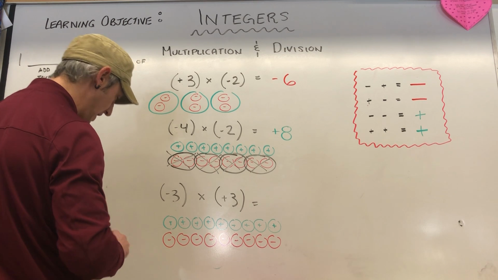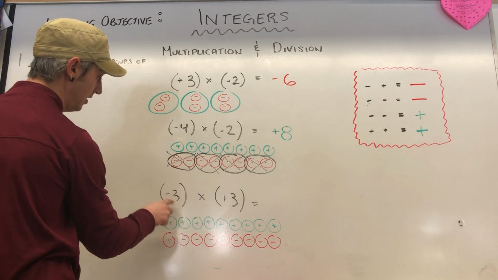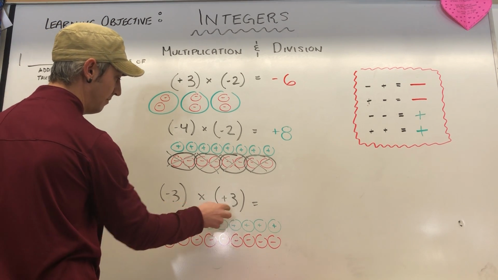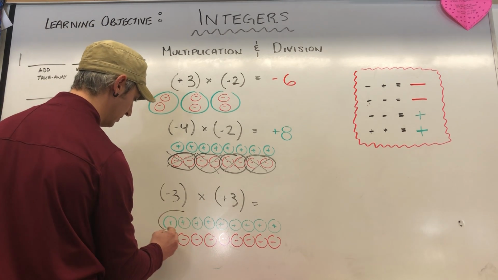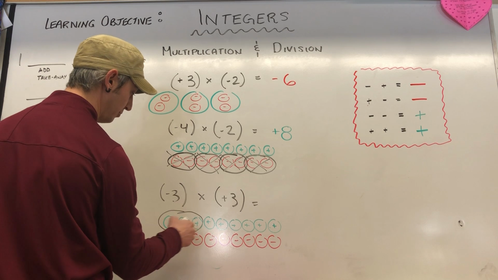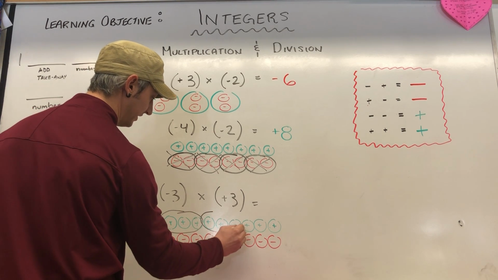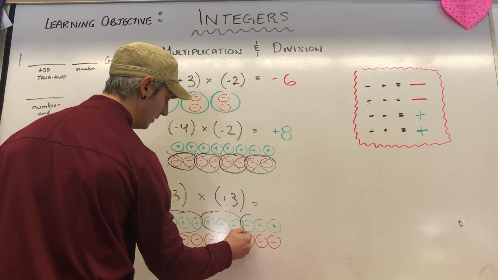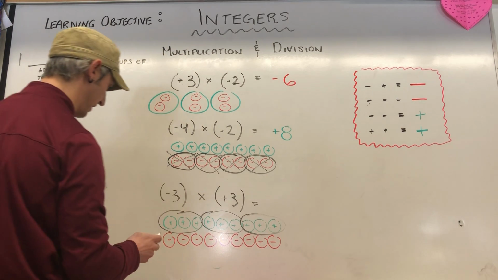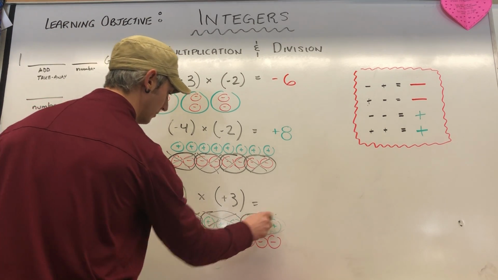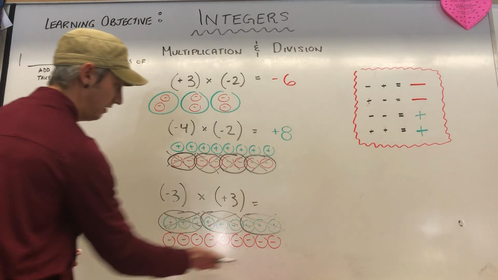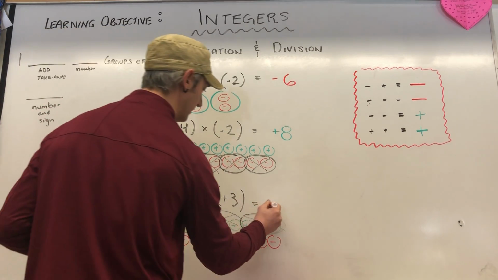And it wants me to take away 3 groups of +3. Okay, well, let's take away 3 groups of +3. There's one group of +3, a second group of +3, and a third group of +3. Goodbye, goodbye, goodbye, leaving me with -9.